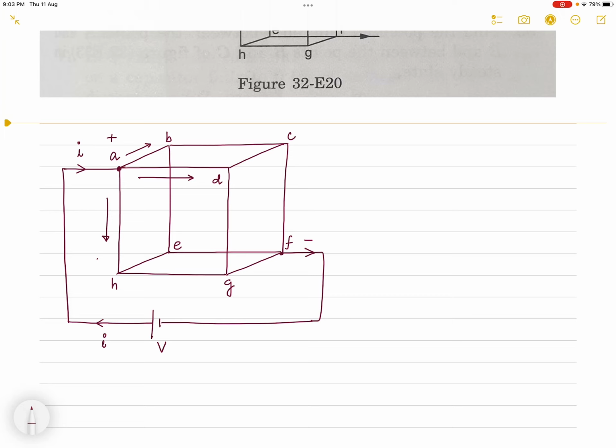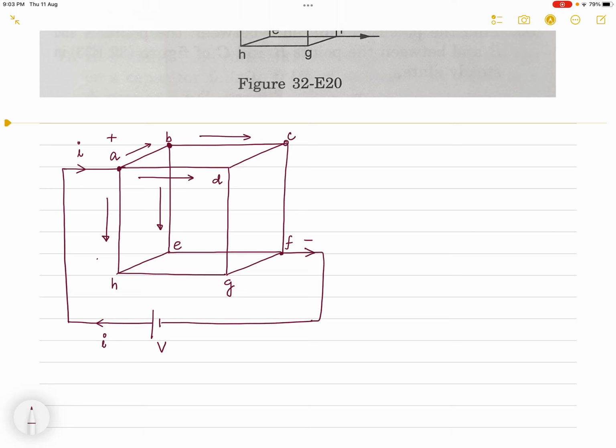Now let's go a step ahead and see what happens when a current reaches from the point A to the point B. From point B, do you all see that the current has 2 paths to follow? From B, it can either go from B to C, or it can go from B to E.